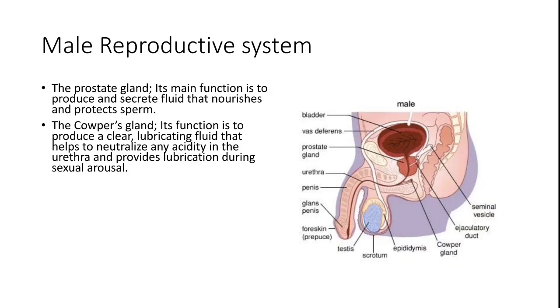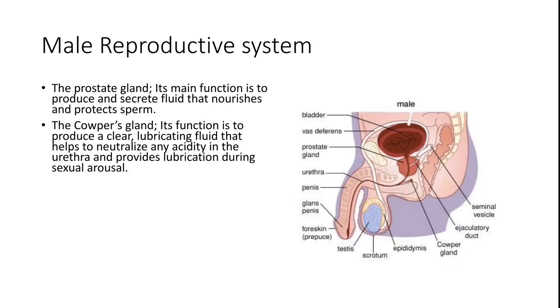So the function of the fluid secreted by the corpus gland is, one, to neutralize any acidity that can be found in the urethra. Number two, it is to lubricate the penis during sexual intercourse. Those are the functions.